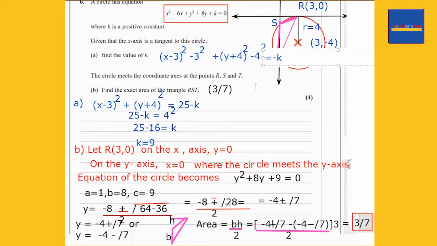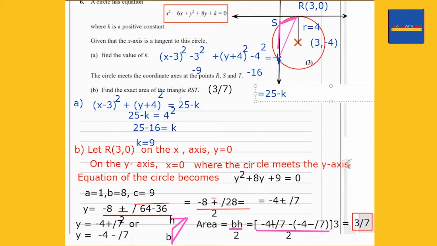Now minus 3 squared is the same as minus 9, and minus 4 squared is the same as minus 16. So minus 9 and minus 16 will give me minus 25. If I take it to the other side, I will end up with 25 minus k.